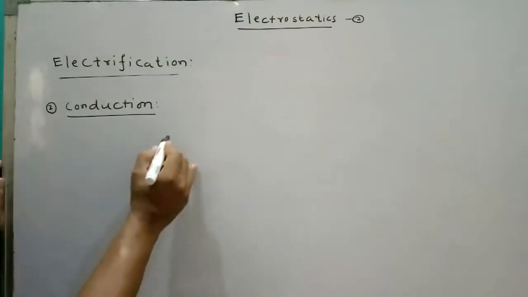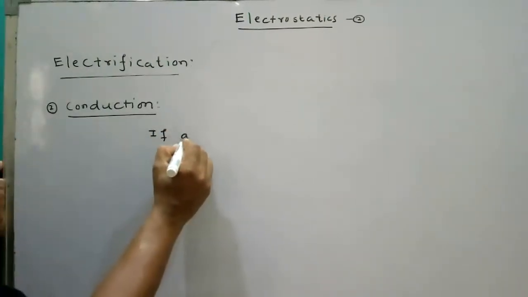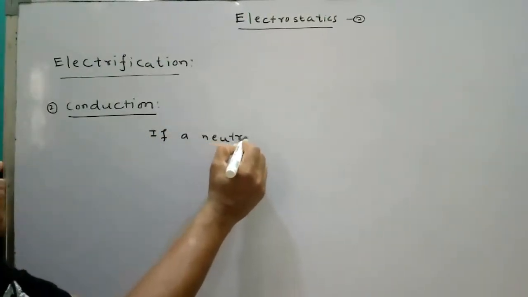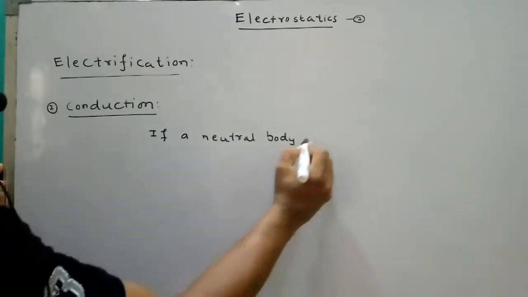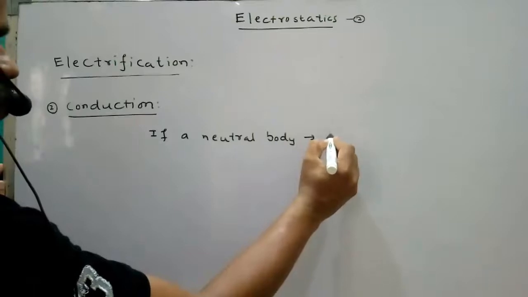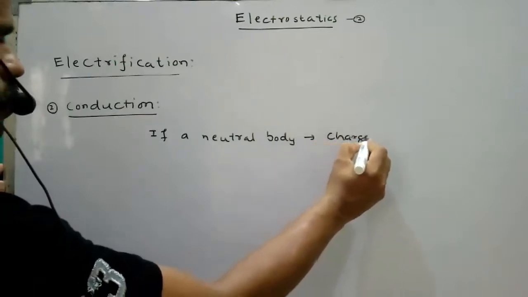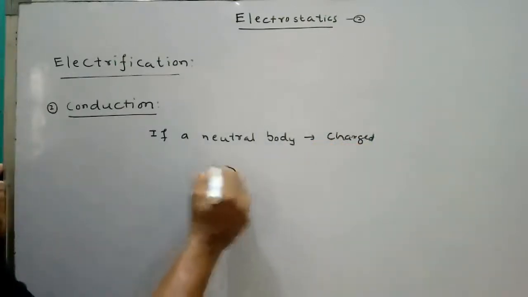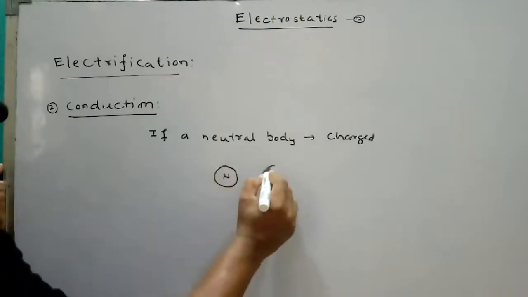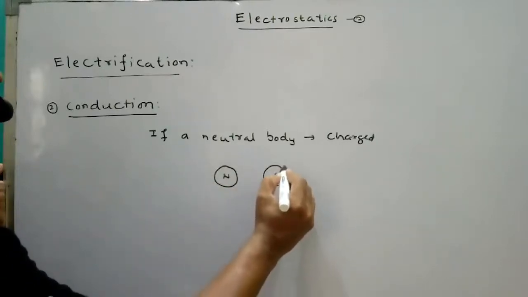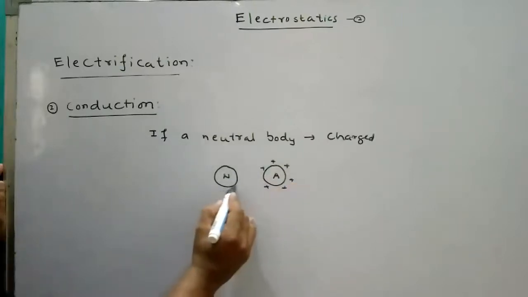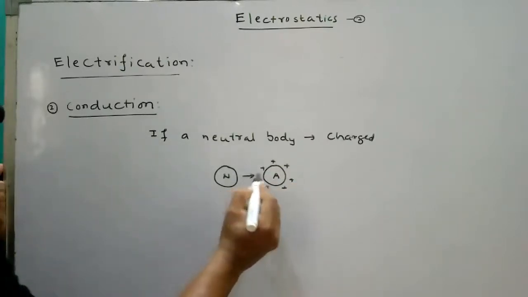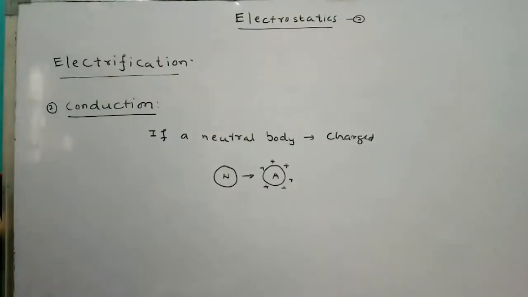If a neutral body goes near a charged body, that means this is the neutral body, and the charged body A is a positively charged body. A neutral body goes near a charged body. So what is happening here?